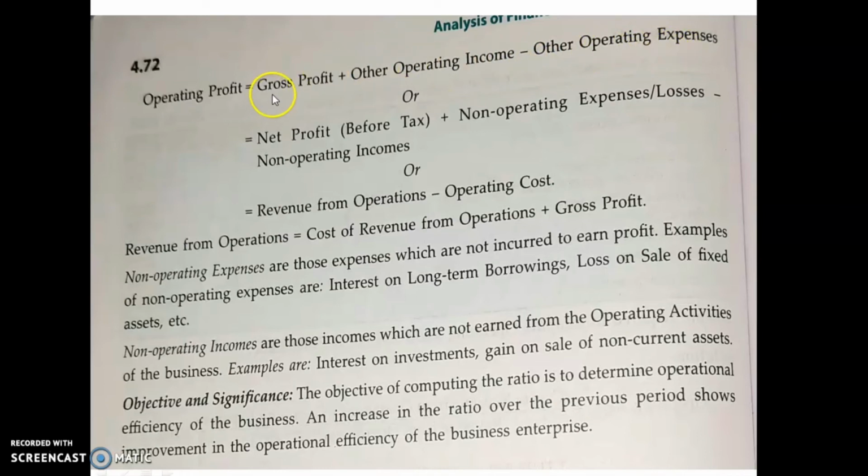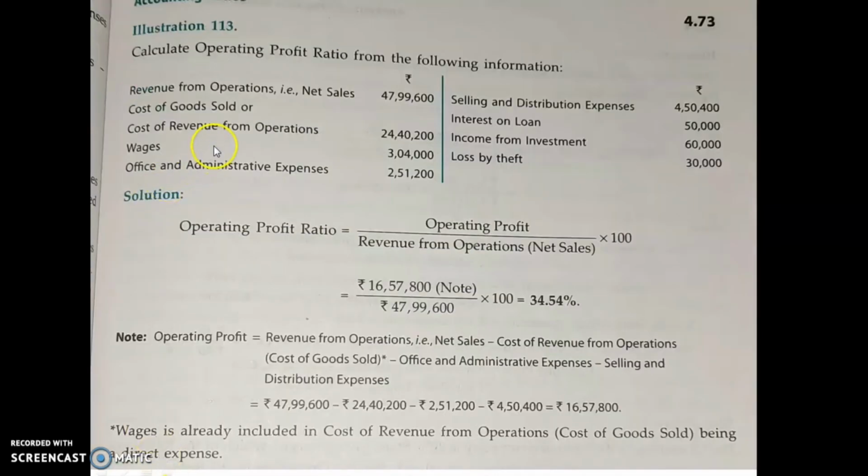So here to calculate gross profit, what is the formula for calculating gross profit? From your revenue, if you subtract your cost, you will get the gross profit. So here in this question they have not directly given you the gross profit amount, but you can calculate gross profit by the formula revenue from operation minus cost.